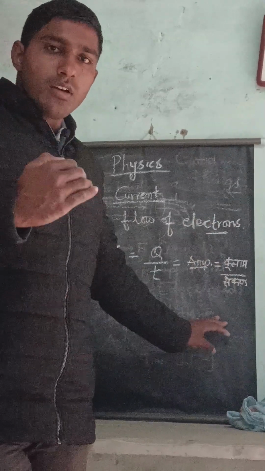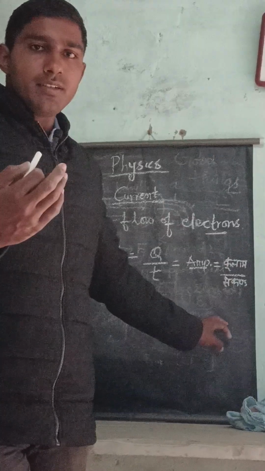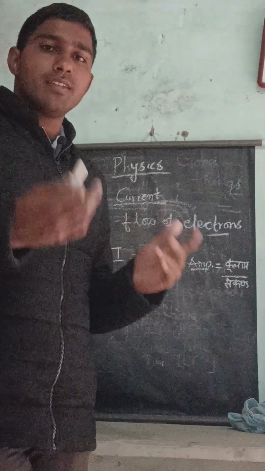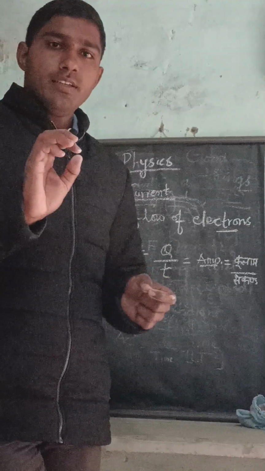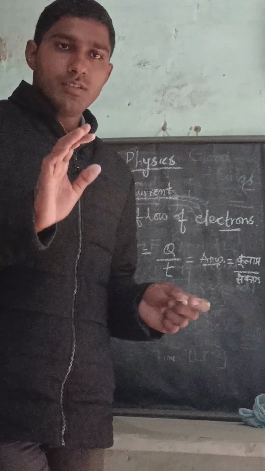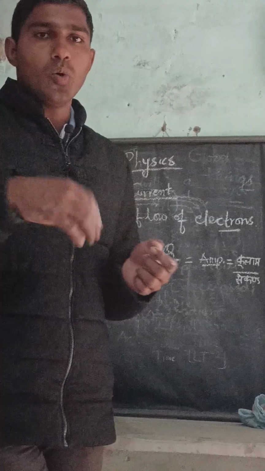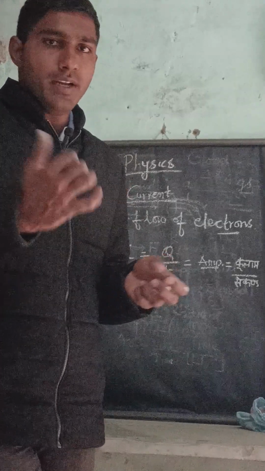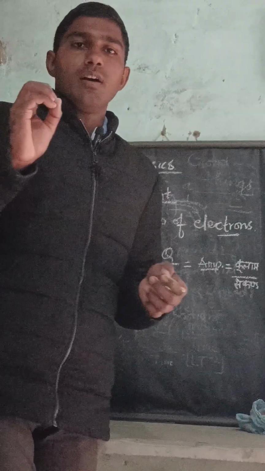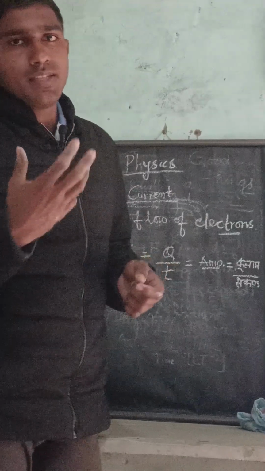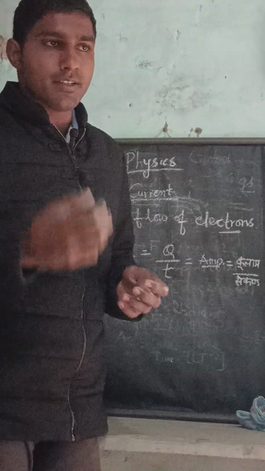Now coming to how we can generate electricity. Generally electricity is generated by coal in thermal power plants, but magnets are also responsible for the generation of current. How?